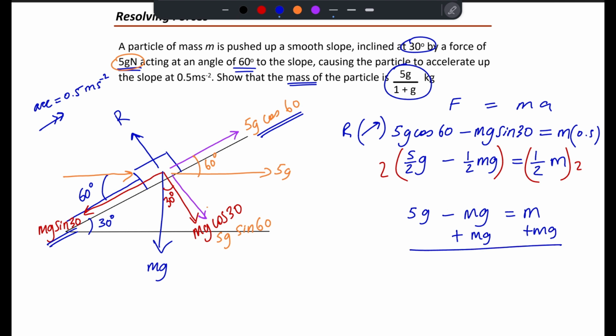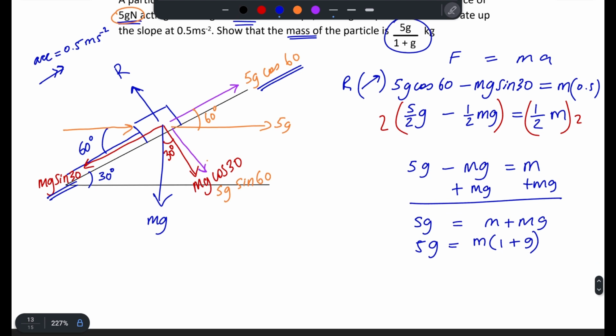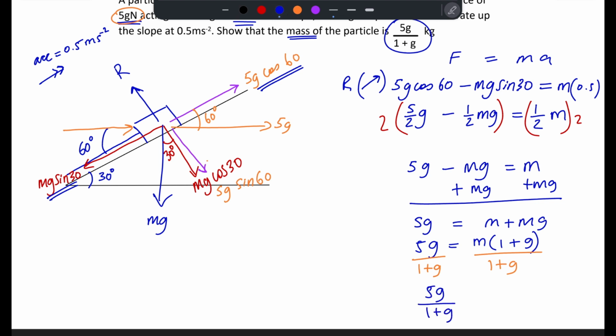That's going to give us 5g equals m plus mg. We're going to factorize m out, so this is m times 1 plus g. And then finally just tidy this up by dividing by 1 plus g, on both sides. So we now have 5g over 1 plus g is equal to m, as required by the question.